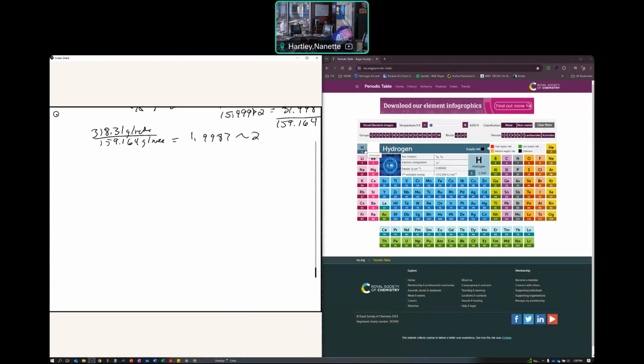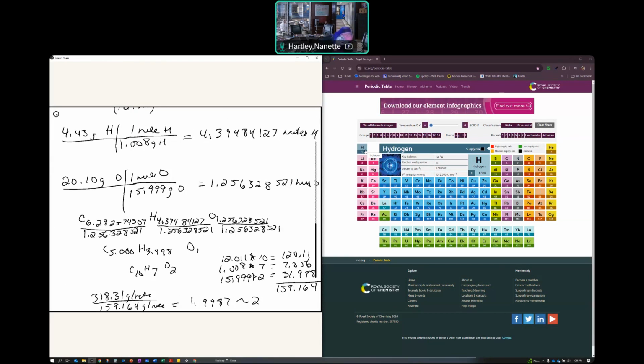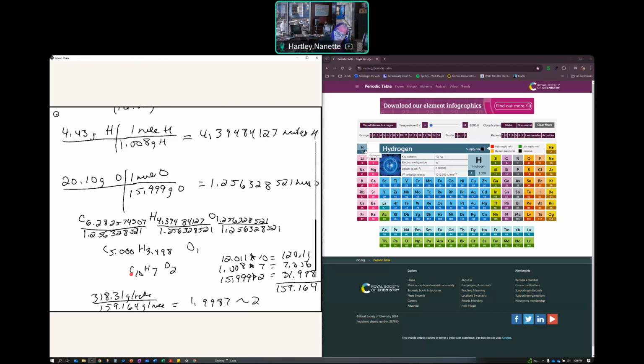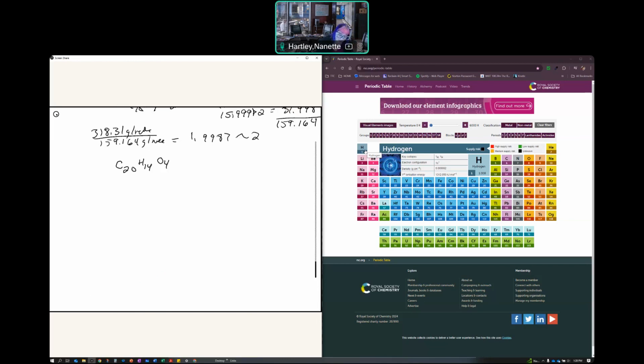So if I need to multiply this whole formula by 2, then my molecular formula is going to be C20H14O4. Because again, C10 times 2, C20. H7 times 2 is H14, and O2 times 2 is O4.